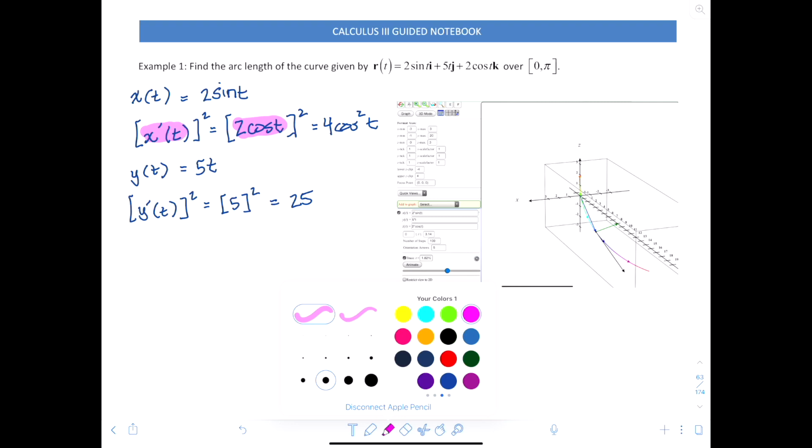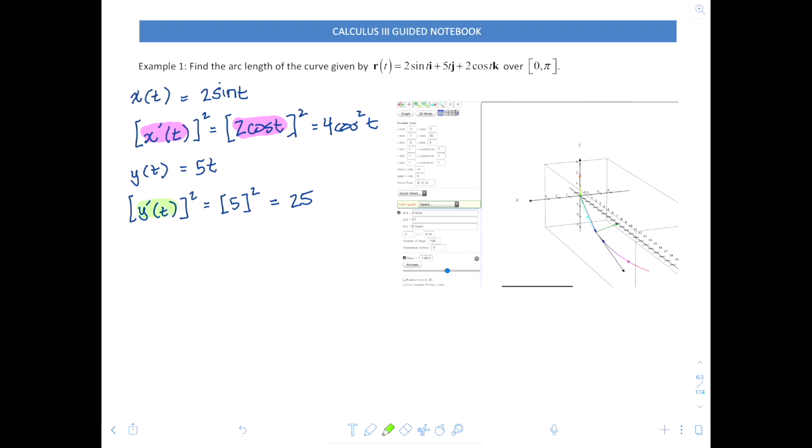Just so we're all good to go on these things, that was x prime at t. This here, of course, is y prime, the 5. And then z at t is equal to 2 times cosine t.